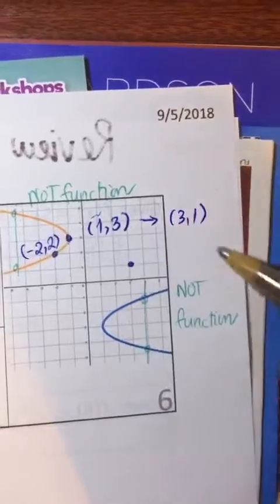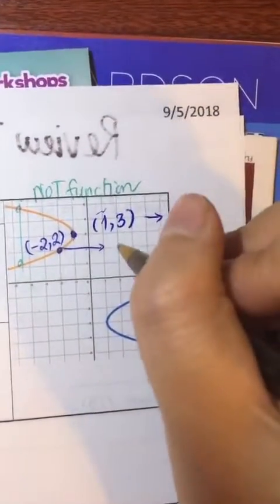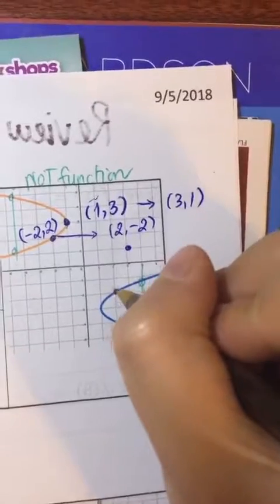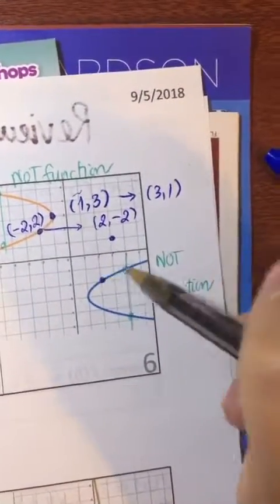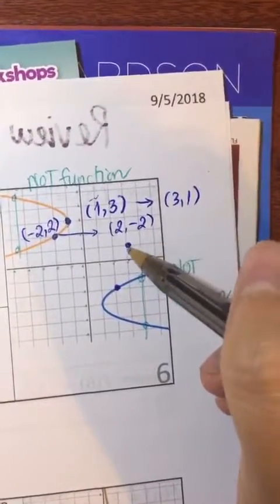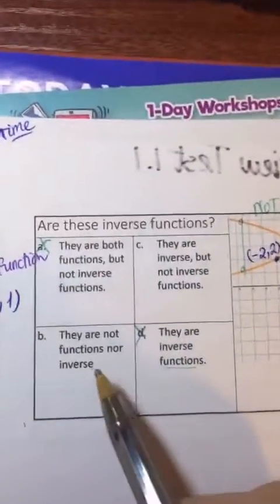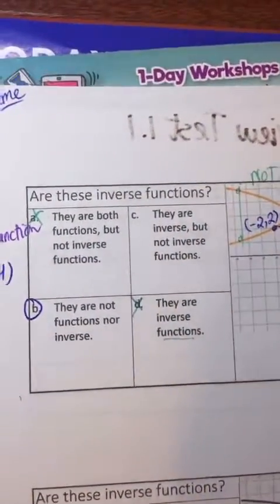So obviously it's not on the second graph. And if I switch the second point, it's going to become 2, -2. Let's check. 2 is right here, -2 is here. So as you can see, even though one of them is on the blue graph, the other one is not. So therefore, they are not inverse. Okay, so the answer should be they are not inverse nor functions. B. They are not functions and they're not inverse functions.